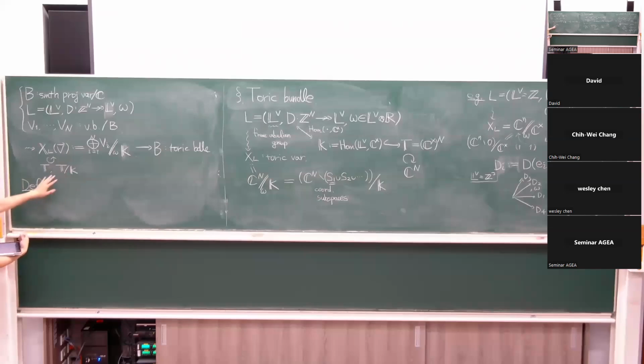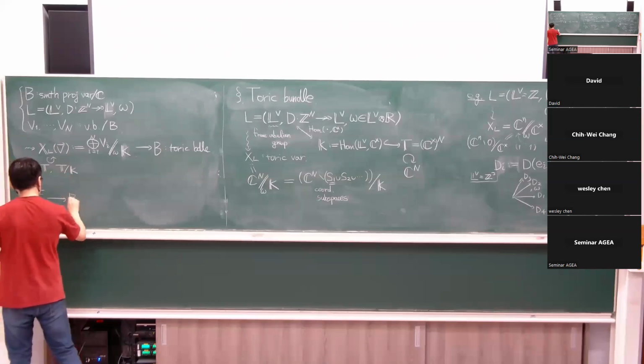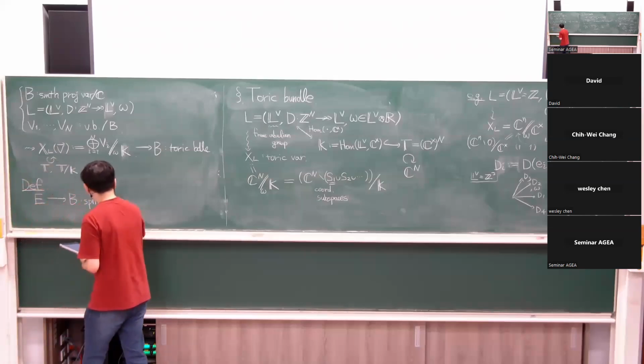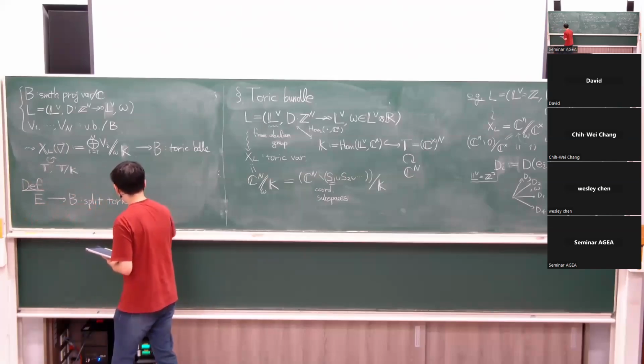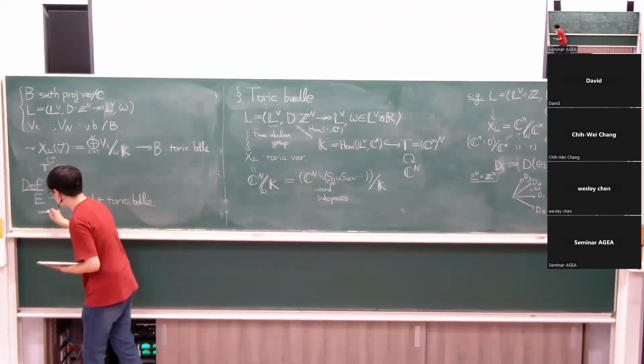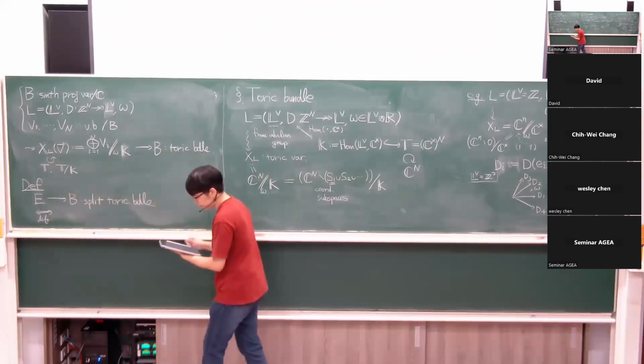But to avoid heavy notation, I sometimes say T action. I define a split toric bundle.